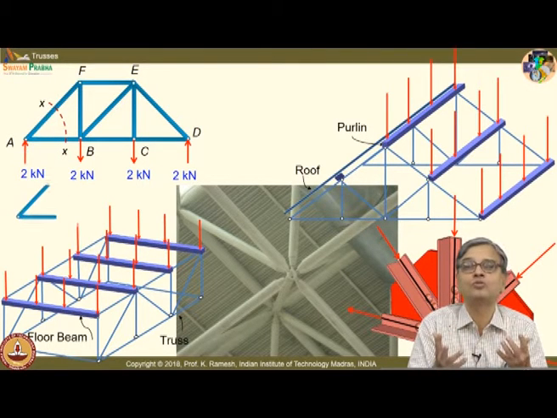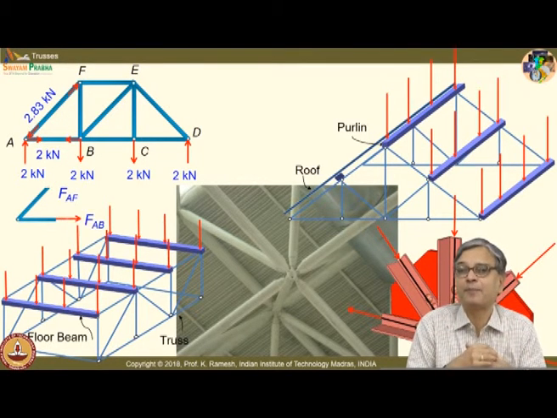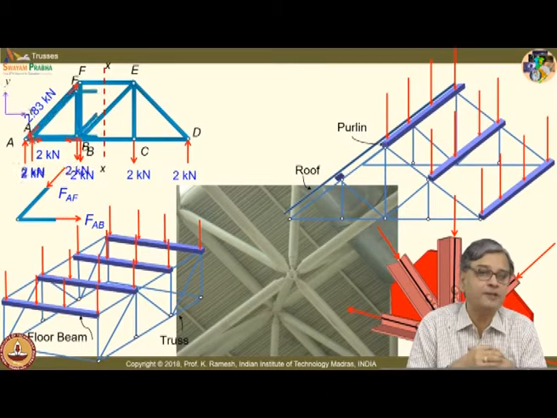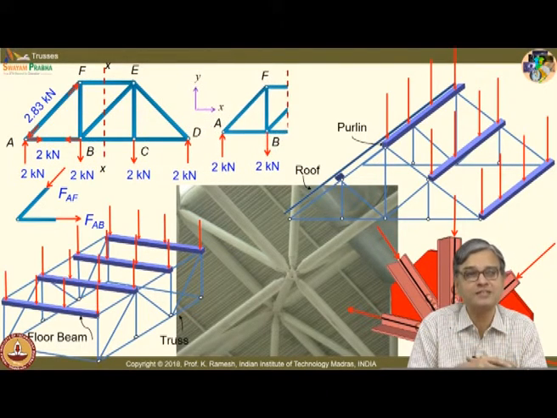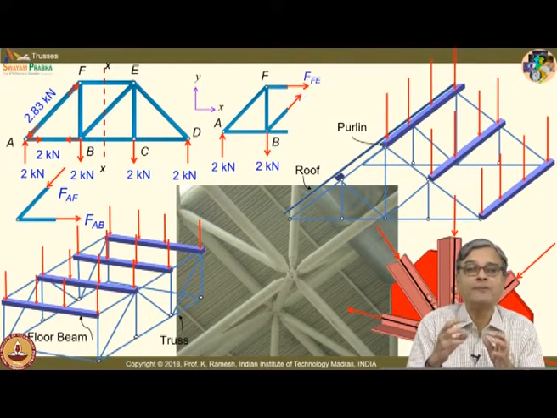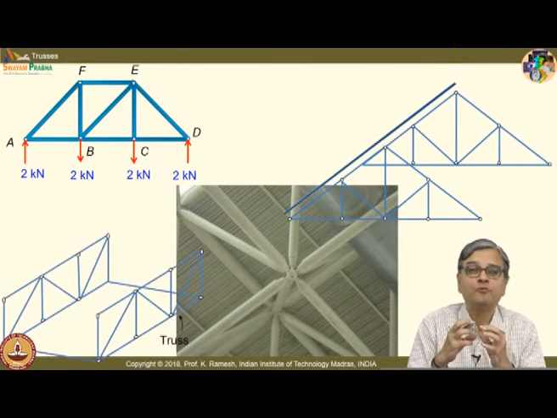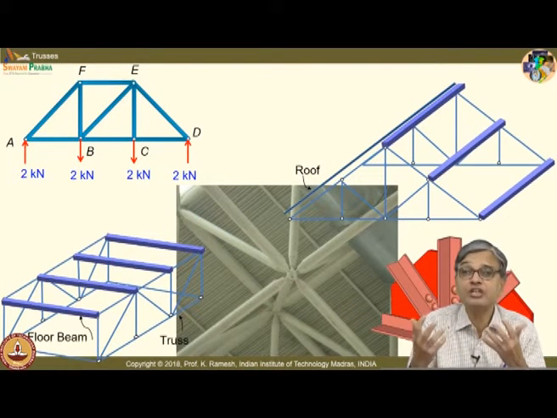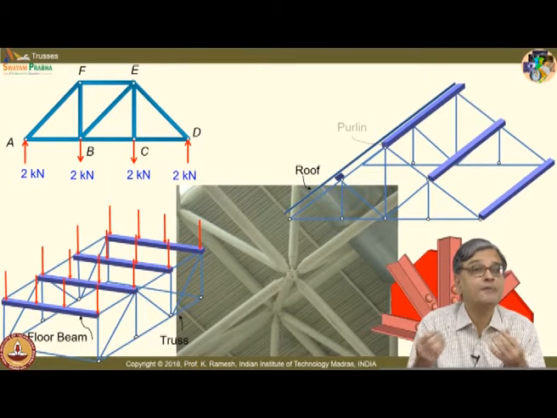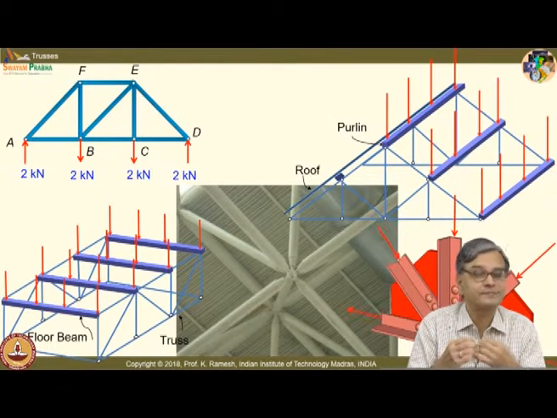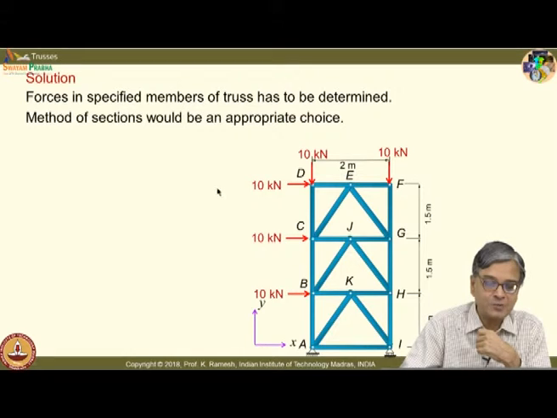You know how to in general apply a method of joints or method of section. You also know the equilibrium equations. So, you have to weigh between what would you select and which equation you would ultimately use for solving. We have spent sufficient time on this. Let me show the section.